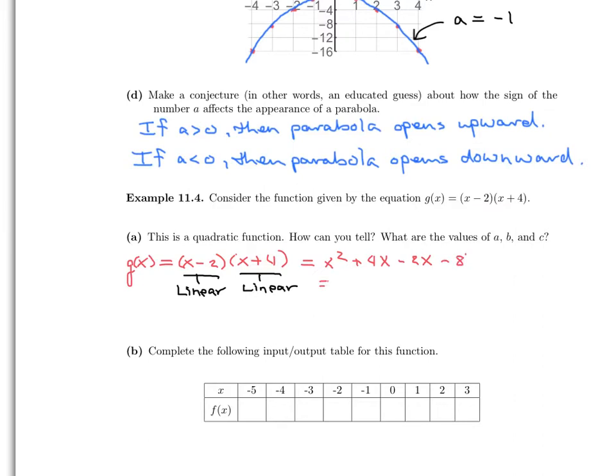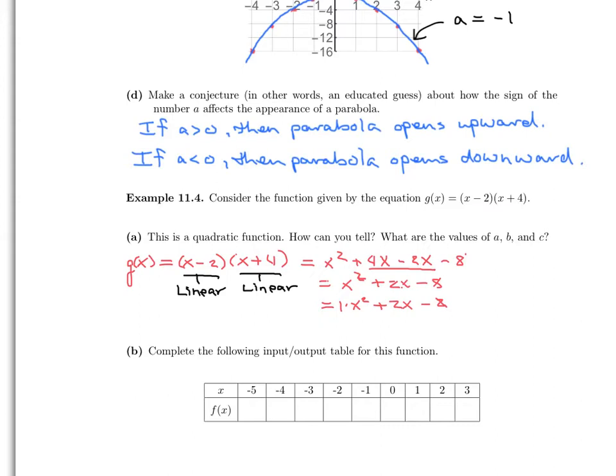Now, if we simplify by combining like terms, and those two are like terms, we get x squared plus 2x minus 8, which we could also write as 1 times x squared plus 2x minus 8.